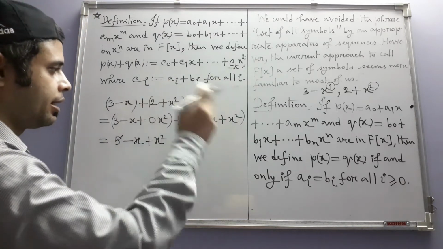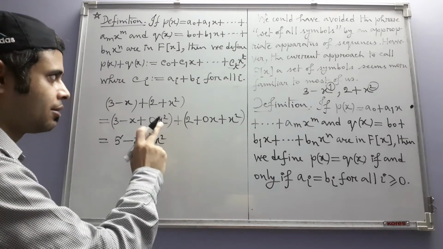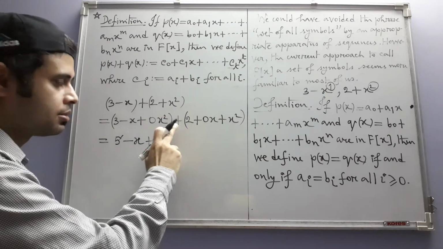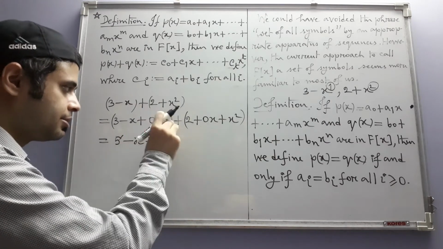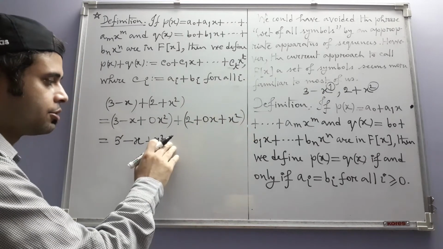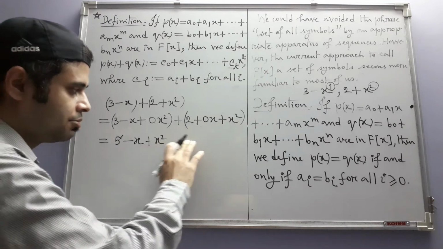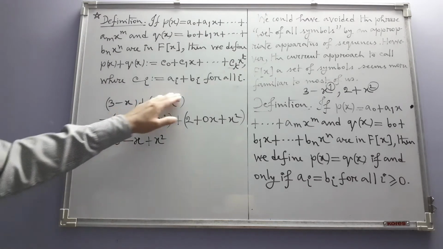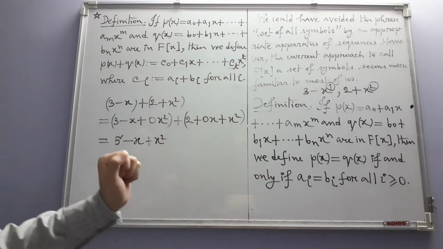Say, if you want to calculate c3, then a3 will come after this as coefficient of x cubed in the first polynomial, that is 0, and b3 likewise here is also 0. So c3 is 0. After that c4 is also 0. So that's why we don't write those parts. So for all i means still for all non-negative integers i.